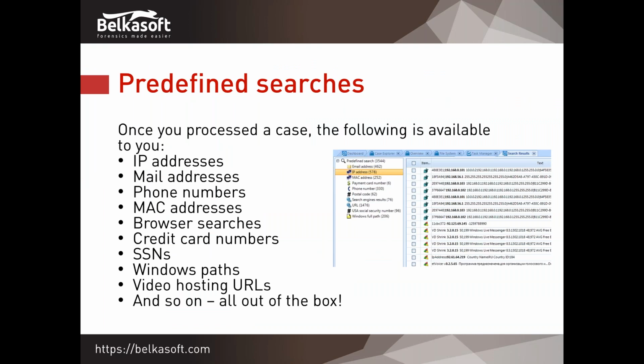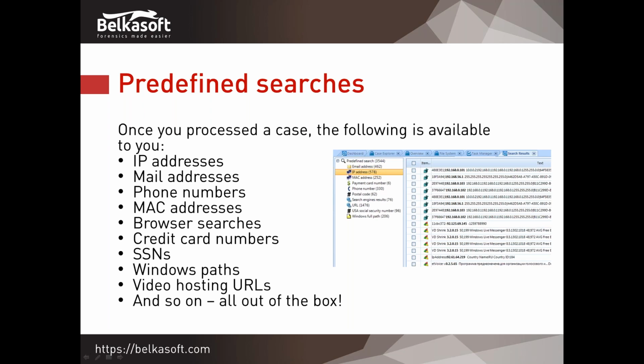Next handy function is predefined searches which run out of the box while the product analyzes your data sources. Before, you could do predefined searches manually, but it was kind of hidden. Now there is a dedicated item in search results which shows you all these predefined searches out of the box without you running them.